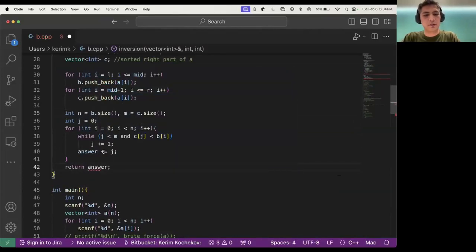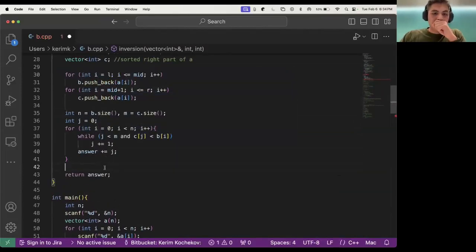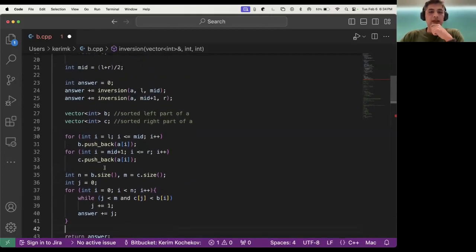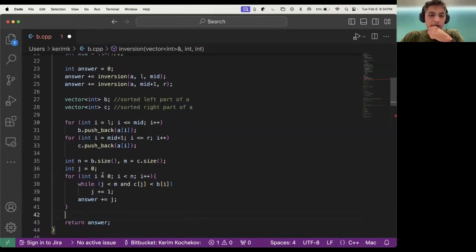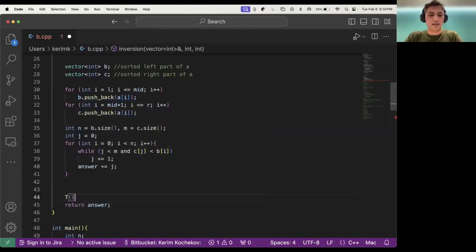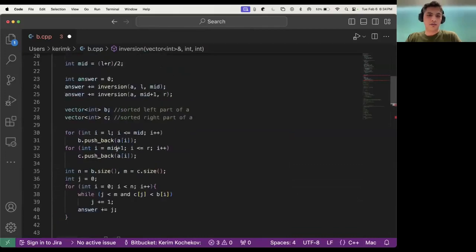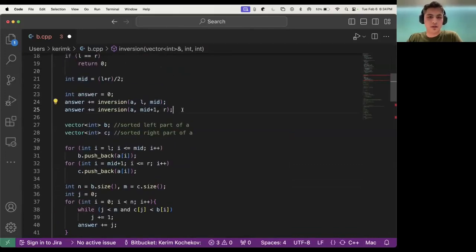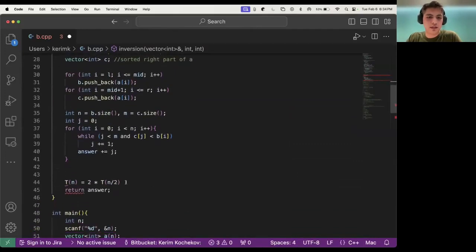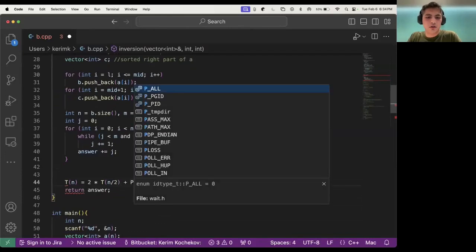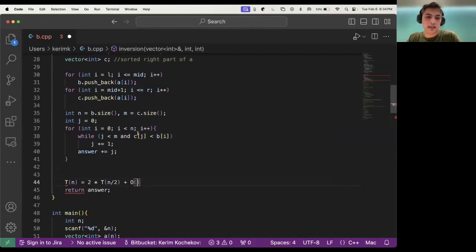So that's great. If we analyze the time complexity of this, we would see that we have T of n that makes two recursive calls, dividing into two parts and calling the same inversion function, plus O of n plus m, where n is the left part and m is the right part.